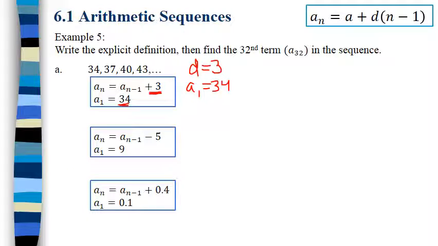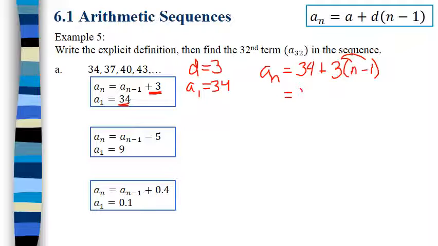then a sub n equals 34 plus the common difference, which is 3, times n minus 1. And then, of course, we can simplify this because we can distribute the 3.